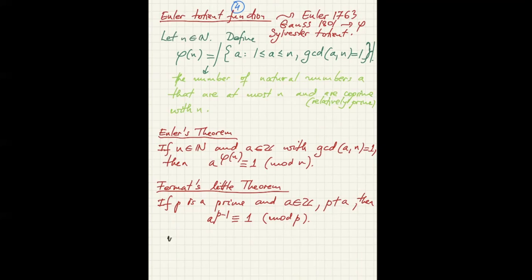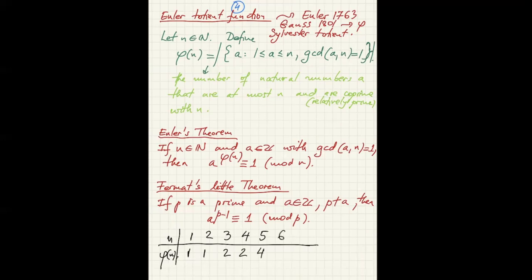Let's calculate the function for some small values. When n is 1, phi is 1, because 1 is co-prime with 1. When n is 2, you get the numbers 1, 2, and only 1 is co-prime with 2, so you get 1. When n is 3, 1 and 2 are co-prime with 3. When n is 4, 1 and 3 are co-prime with 4. Then we get 5, and now we have a big growth because 1, 2, 3, 4 are co-prime with 5.